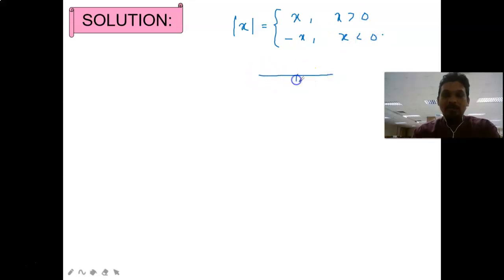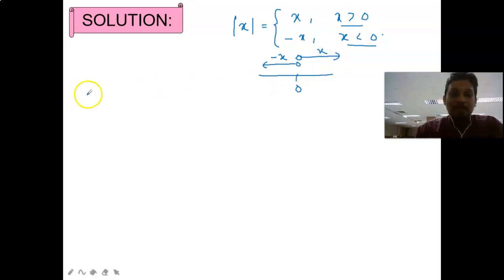So on the number line, at 0, for x less than 0 the function is negative x, and for x greater than 0 the function is x. Now the limit as x approaches 0 from the left, which is negative x divided by x.